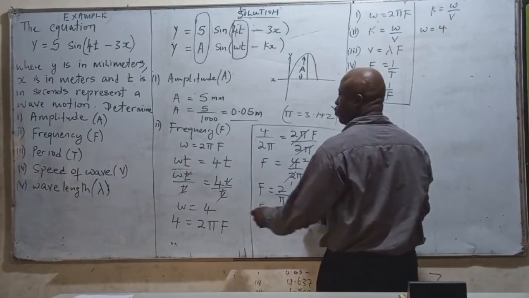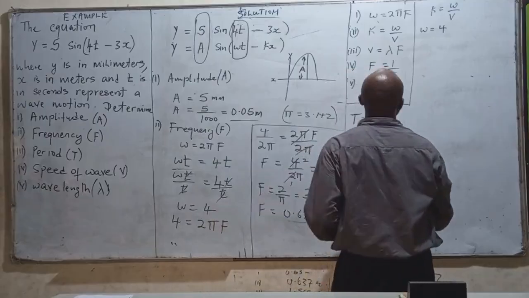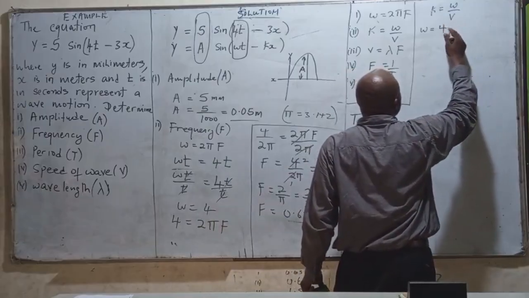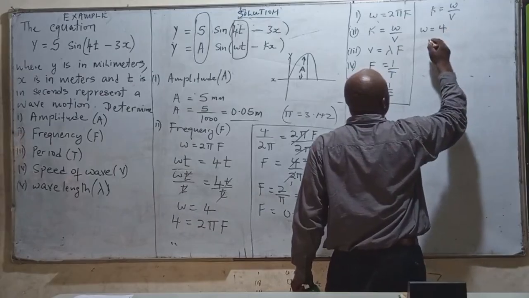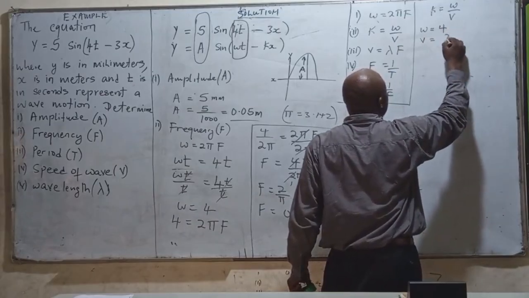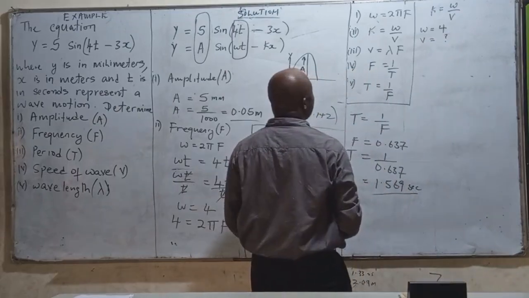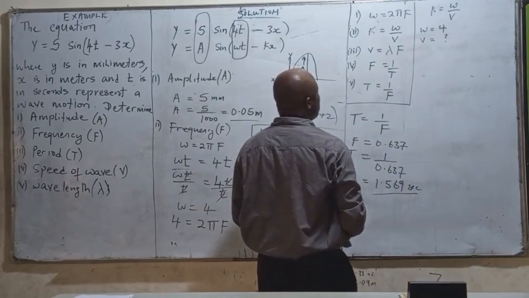If w is equal to 4, we can see that we don't have the value for v yet, and v, the speed of the wave, is what we are solving for.